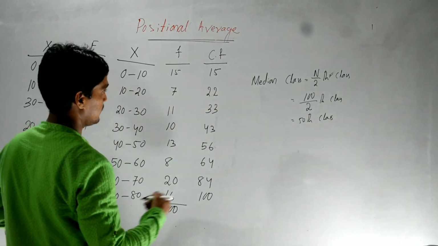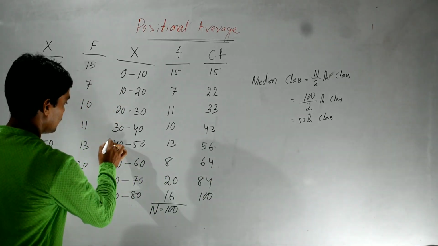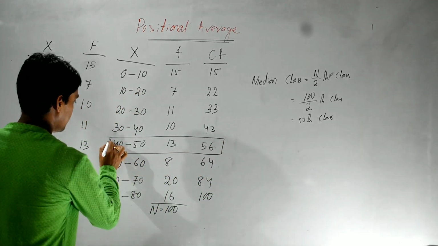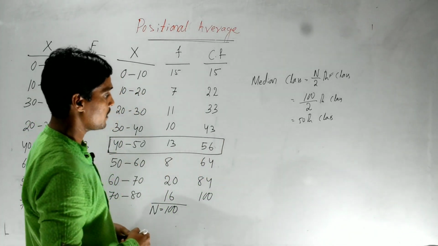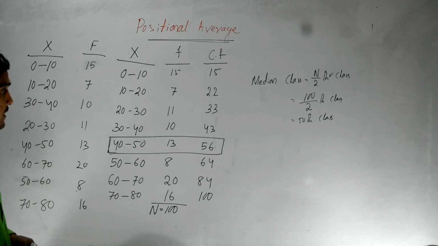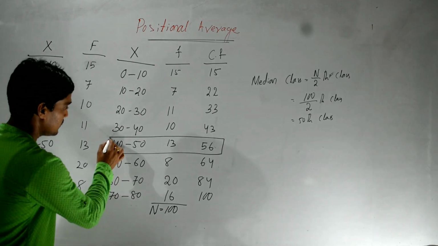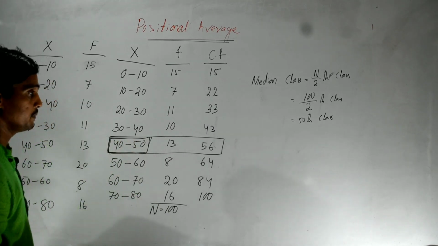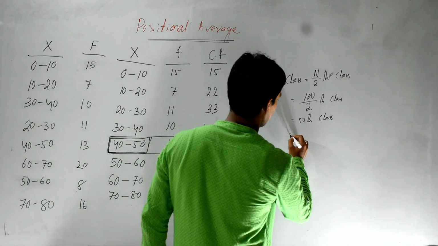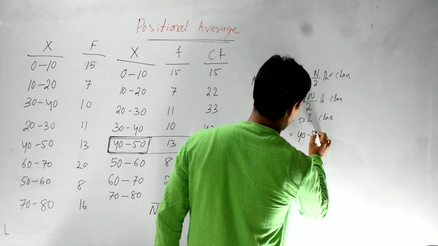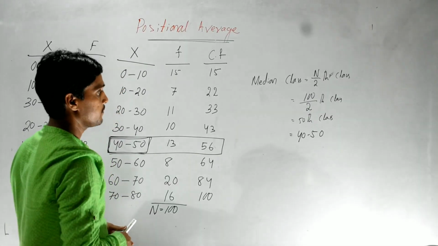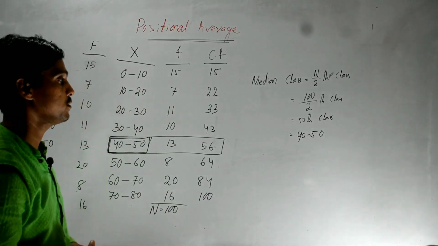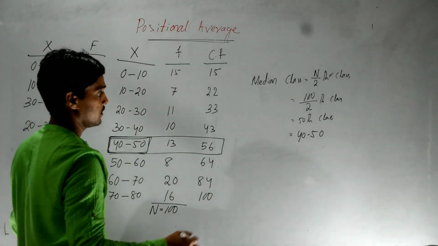So 50 is included in the 56. So our median class is 40 to 50.